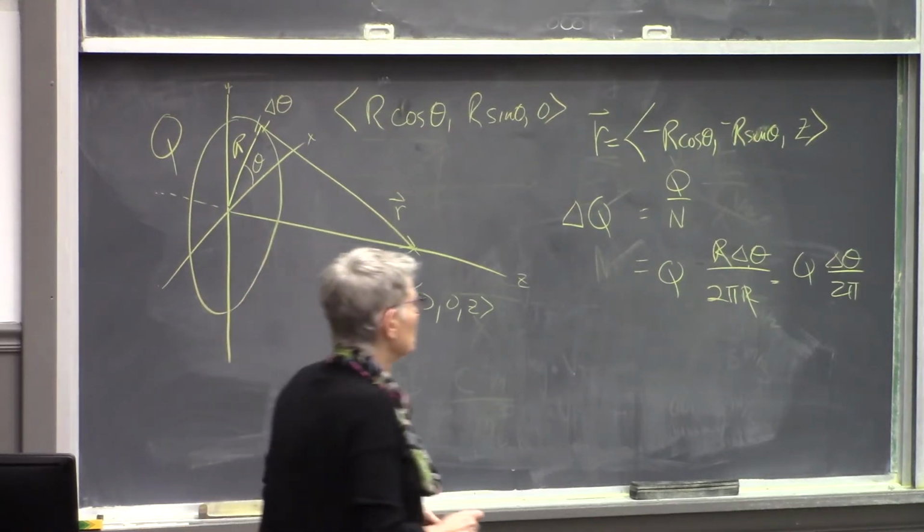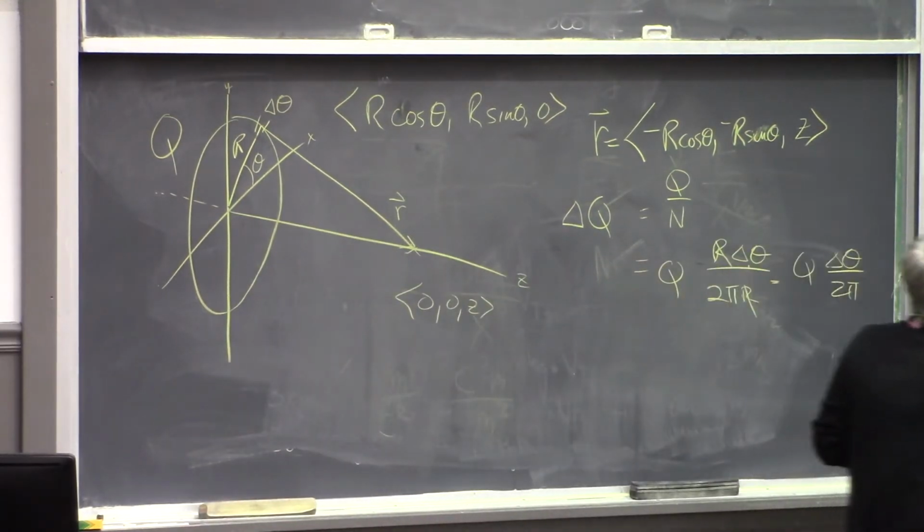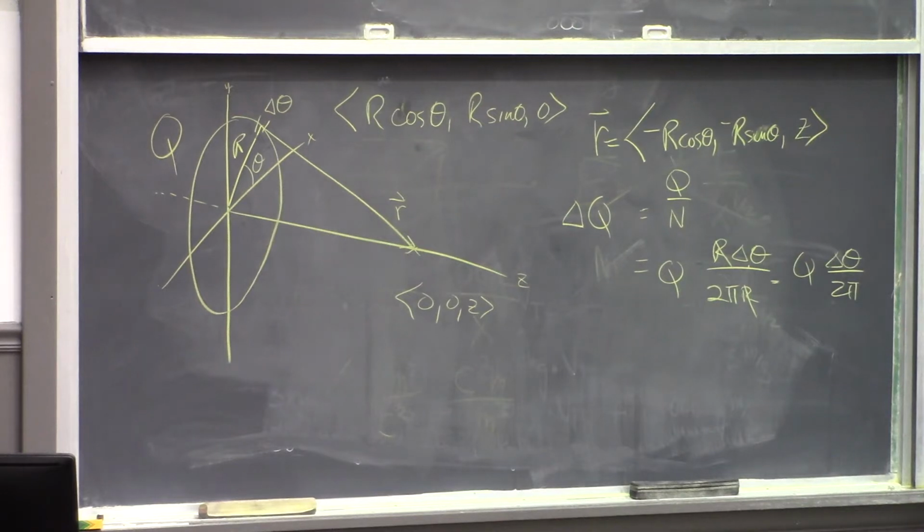Okay, so we have a 1 over 4 pi epsilon 0. We have a Q, which is the charge of the whole ring, times delta theta over 2 pi. We have a 1 over r squared.